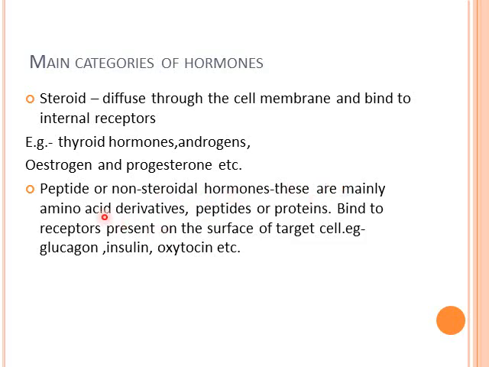These are mainly amino acid derivatives, or peptides, or proteins. They bind to the receptors present on the surface of the target cell, like glucagon, insulin, and oxytocin. So there is a huge difference between the mode of action of steroid hormones and non-steroidal hormones. Now let us move on to the next slide.